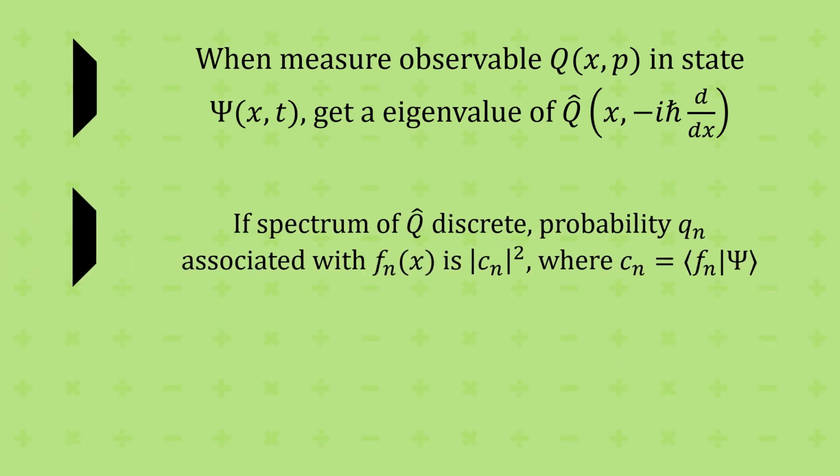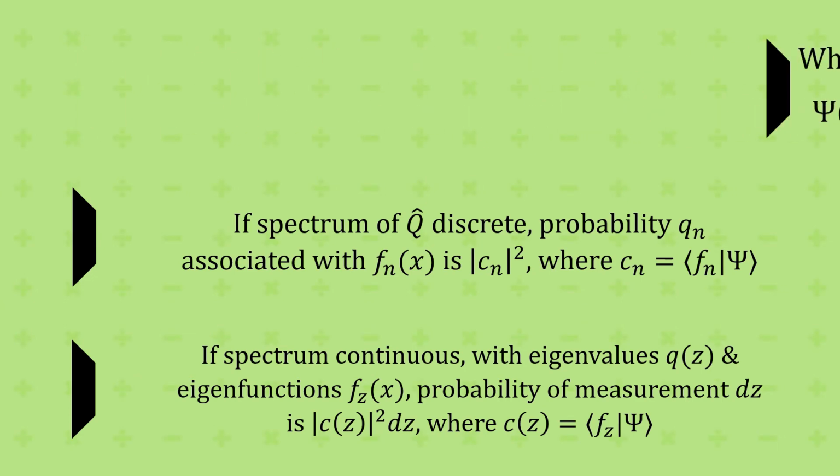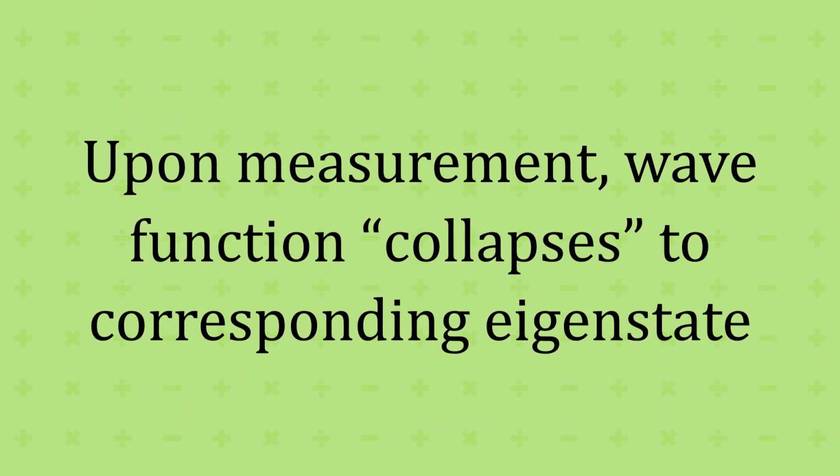Now, let's discuss the generalized statistical interpretation. When you measure an observable q on a particle in the state psi, you get one of the eigenvalues of the Hermitian operator q hat. If the spectrum is discrete, the probability of getting the eigenvalue qn associated with the normalized eigenfunction fn of x is cn squared, where cn is the inner product of fn with psi.